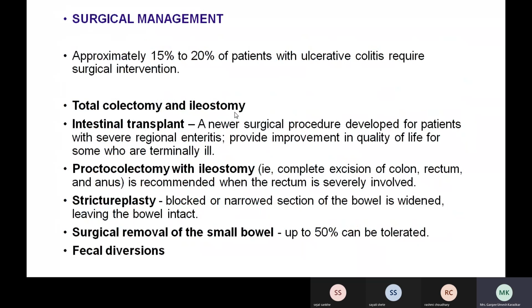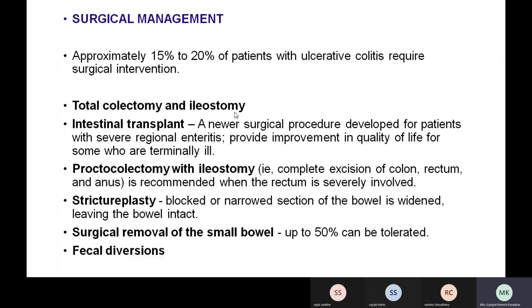So what are the surgeries which are done? One is total colectomy and ileostomy. As the word tells you, in total colectomy your colon is removed. Because there is then no opening for your stools to come out, they will create an ileostomy.